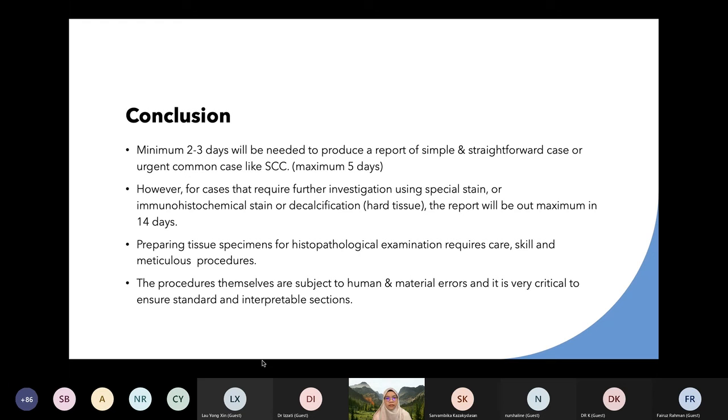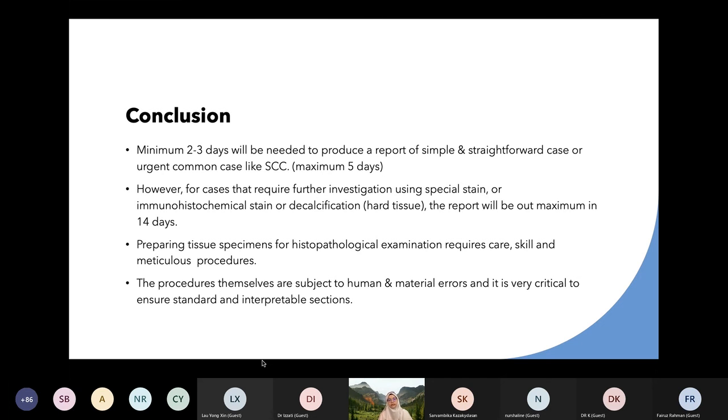As a conclusion, I would like to emphasize that a minimum of 2 to 3 days will be needed to produce a report of a simple and straightforward case or an urgent common case like SCC. However, for cases that require further investigation using special stain or immunohistochemical stain, or for hard tissue that requires decalcification, the report will be out in a maximum of 14 days.